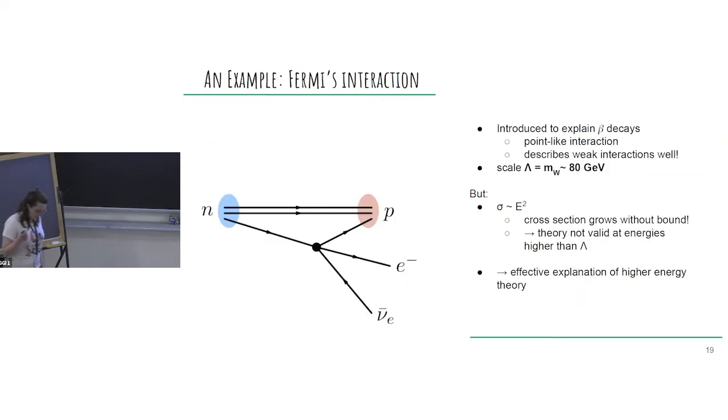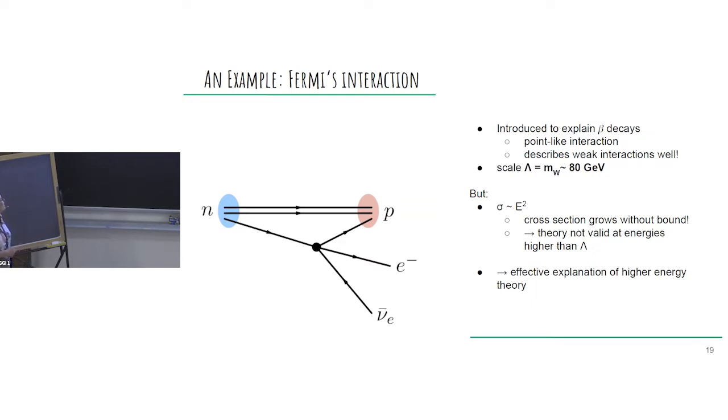A brief example: Fermi's interaction for describing beta decays. It was introduced for explaining how this kind of decay, weak decay, works. And it works really well at low energy, let's say.